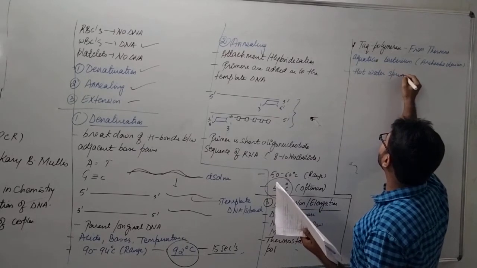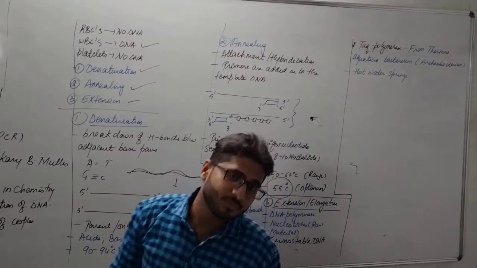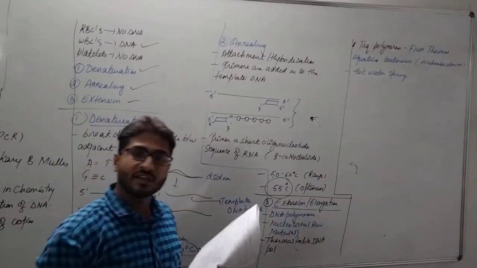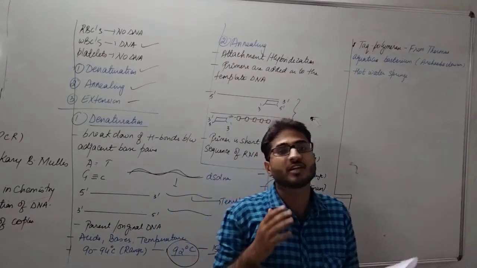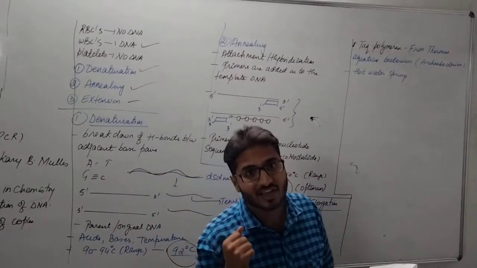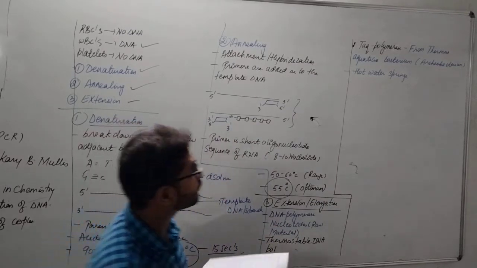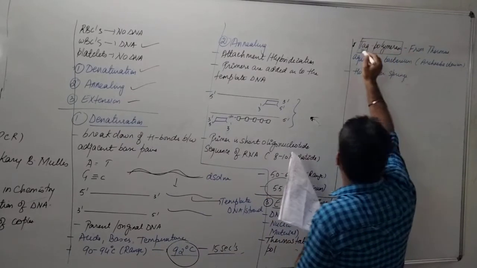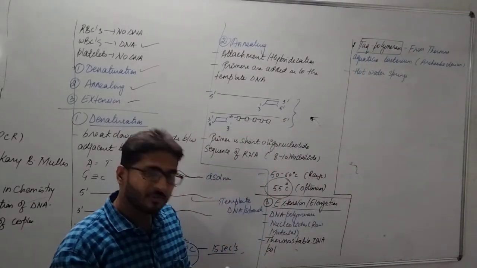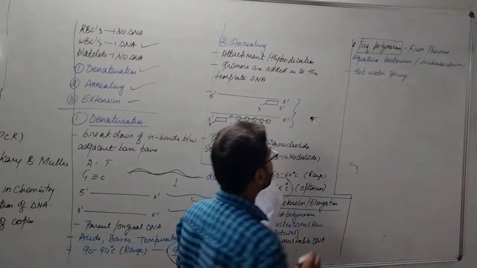So if this bacterium is growing in the hot water springs, that means the bacterium can tolerate the high temperature. So whatever enzyme, whatever other molecules the bacterium is producing can withstand higher temperatures, like beyond 90 degrees Celsius also. So Taq polymerase is the name of the enzyme, sorry, not the bacterium. It is isolated from Thermus aquaticus bacterium, which can grow in the hot water springs.